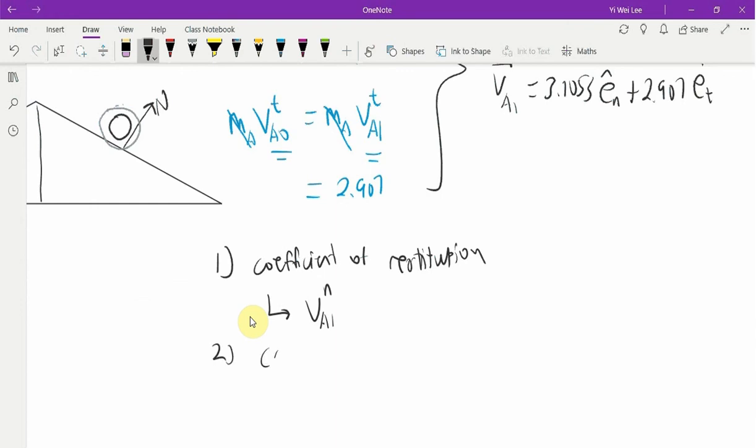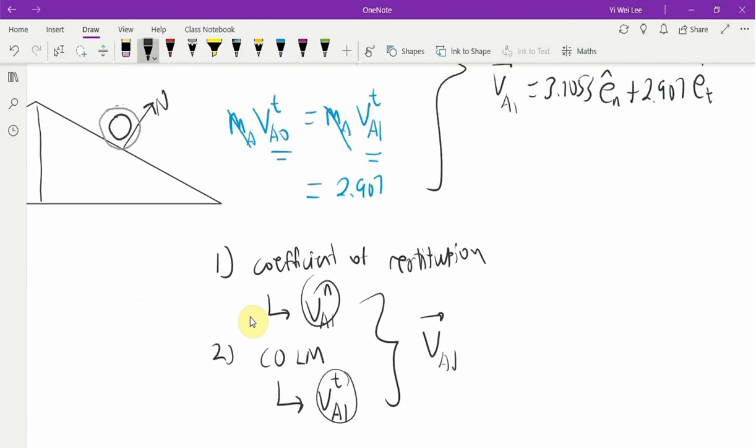After that, I employ conservation of linear momentum, and from this I found the velocity of A after collision which is parallel to the plane of collision. From these two things, I can say that the velocity of A1 is equal to VA1N en plus VA1T et.